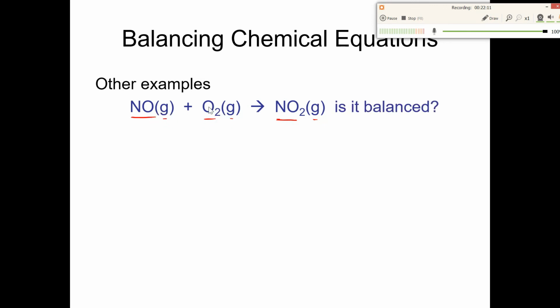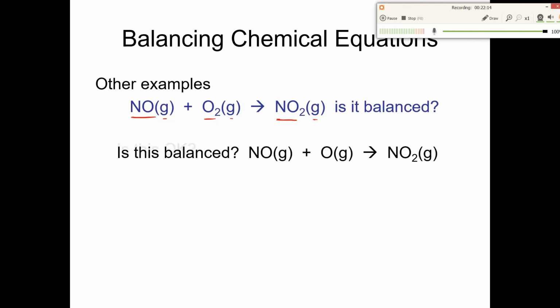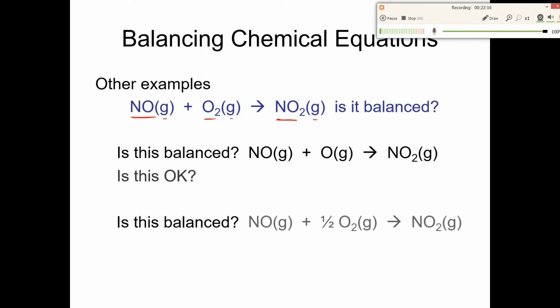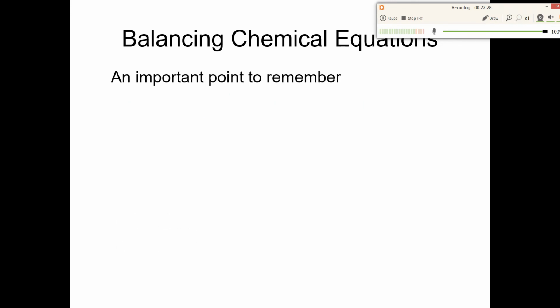So how can we do this balancing? If we put half an atom of oxygen in this particular reaction, then it will be balanced. But is this the correct way of balancing? We have to put a complete numeral value to balance a chemical equation.